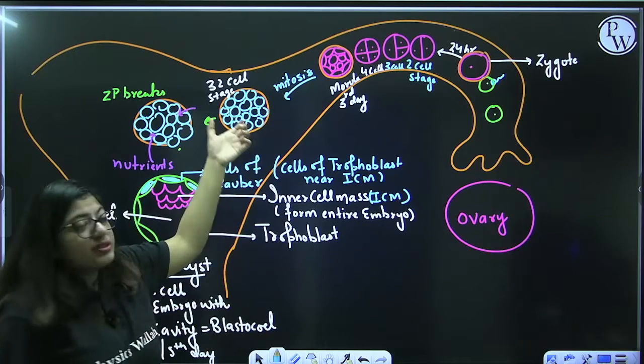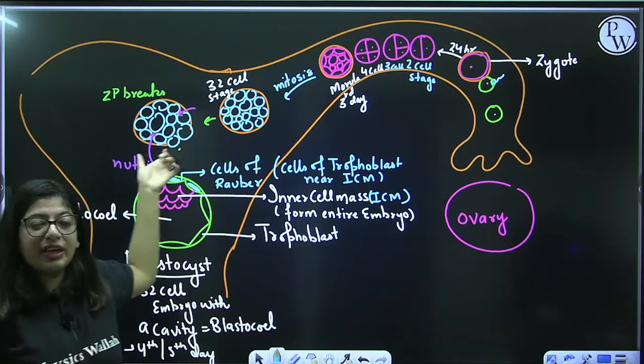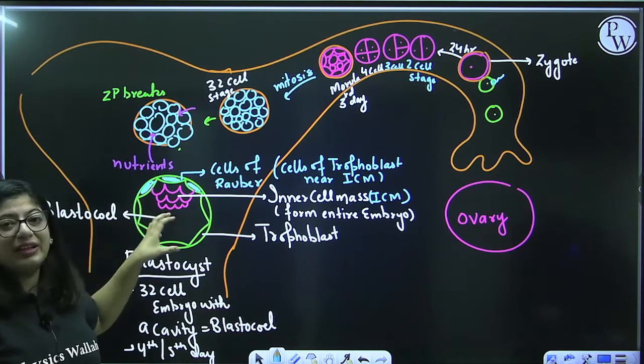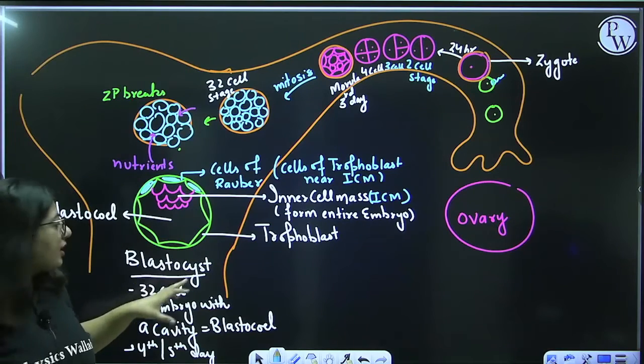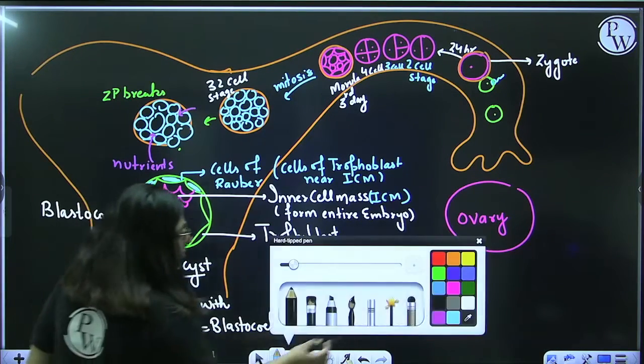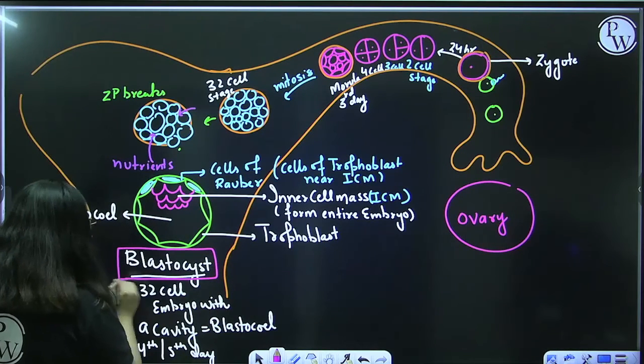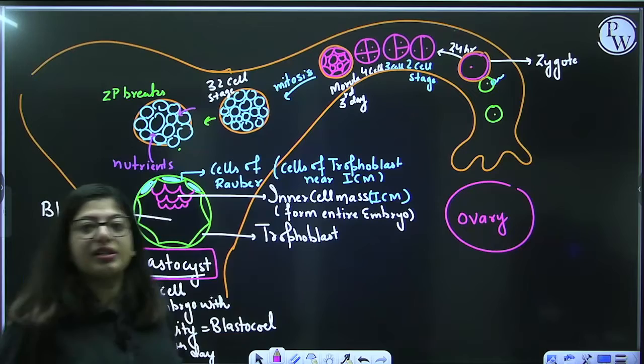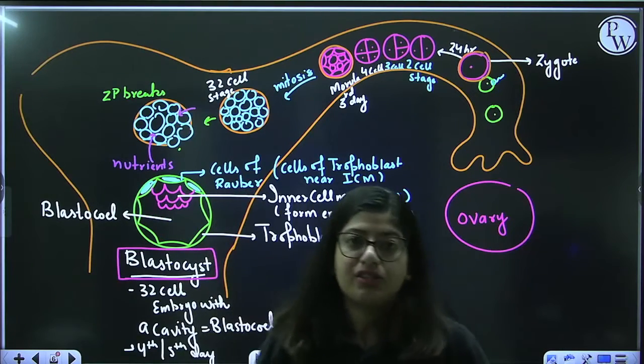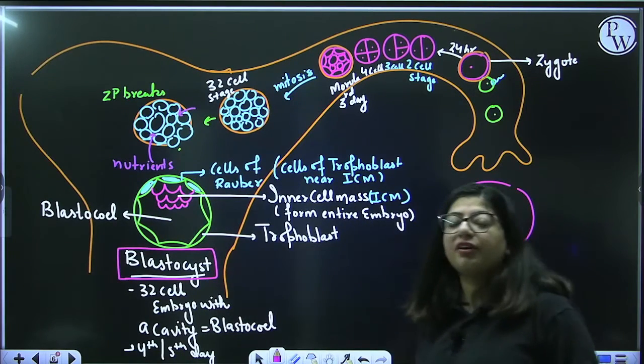Now after mitosis, a 32 cell stage will form, which will escape the zona pellucida and form a cavity inside it, and this very important stage is known as the blastocyst. The blastocyst is a 32 cell stage with a cavity known as blastocele, and this is the stage that will undergo implantation.